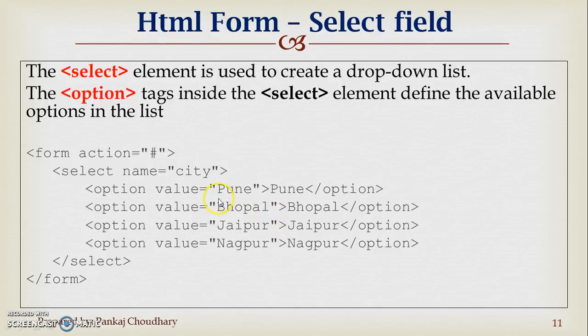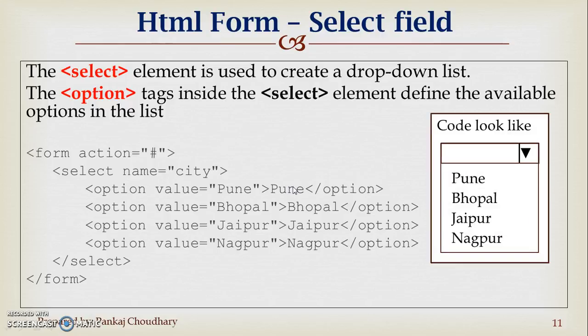We can use a code for Pune or a different city code and display only the city name to the user. So we can use whatever we want to send to the server and whatever to display to the users.